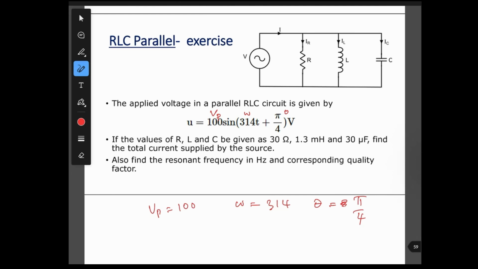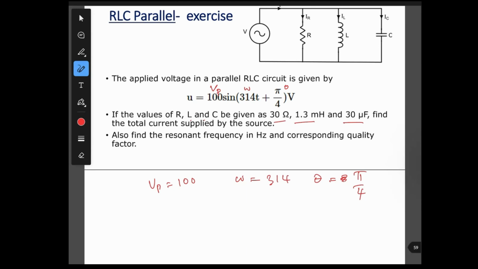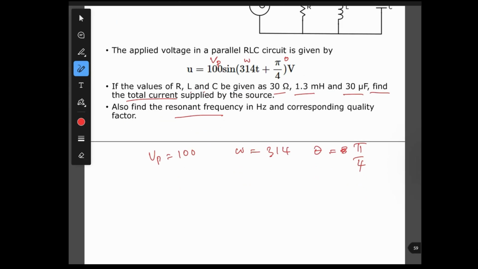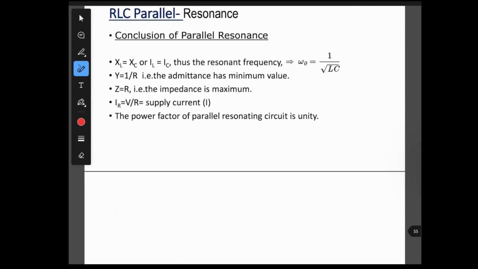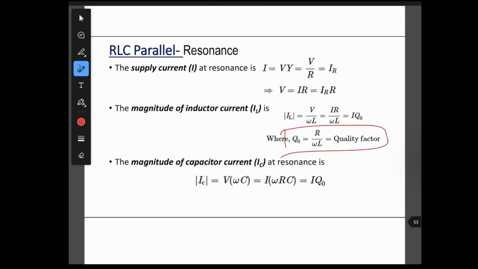So the values of R, L, and C are given, with C as 30 microfarad. We have to find the total current and also the resonant frequency. First we find the admittance: Y equals 1 over R plus j times (omega C minus 1 over omega L).